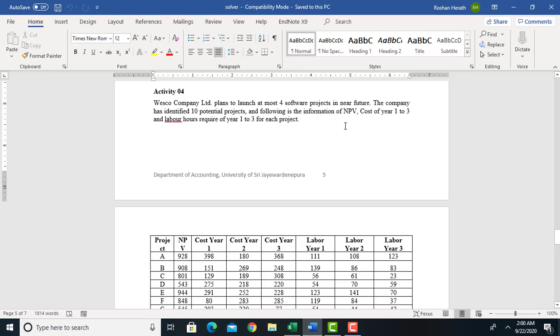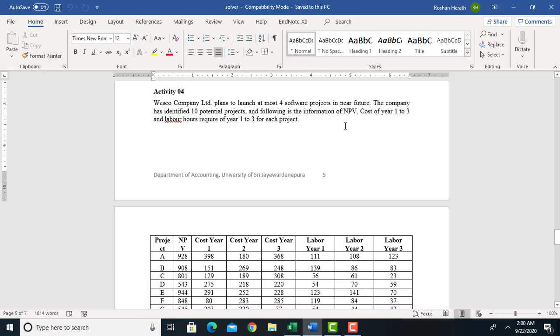The company has identified 10 potential projects, and following is the information of net present value, cost of year 1 to 3, and labor hours required for year 1 to 3 for each project.